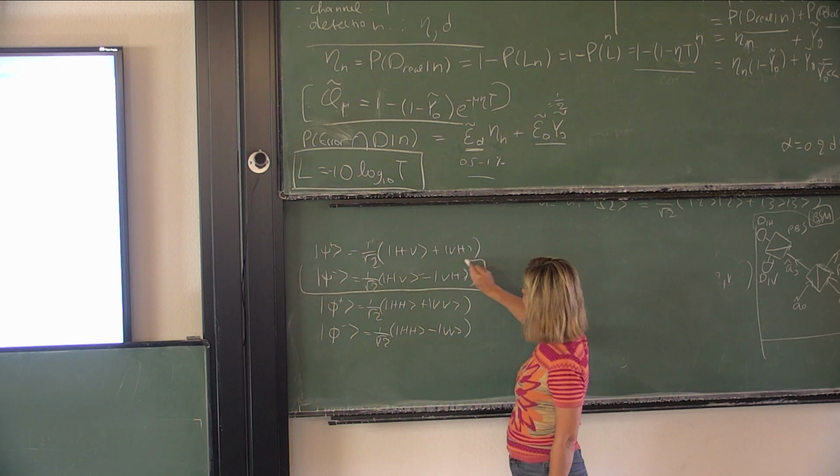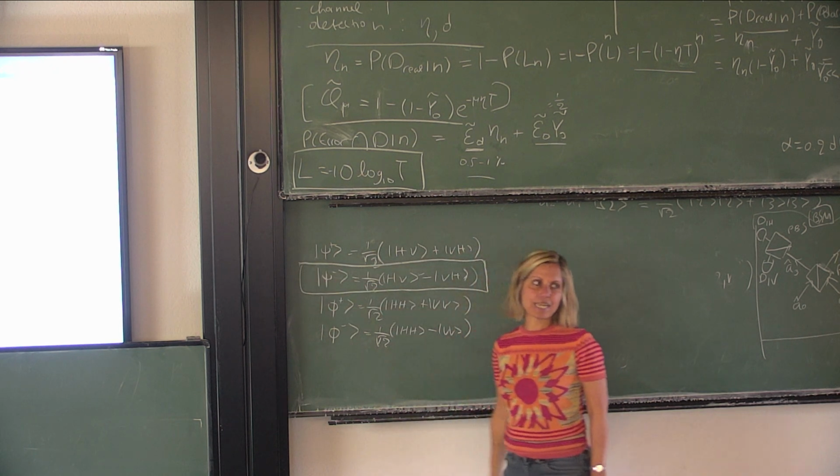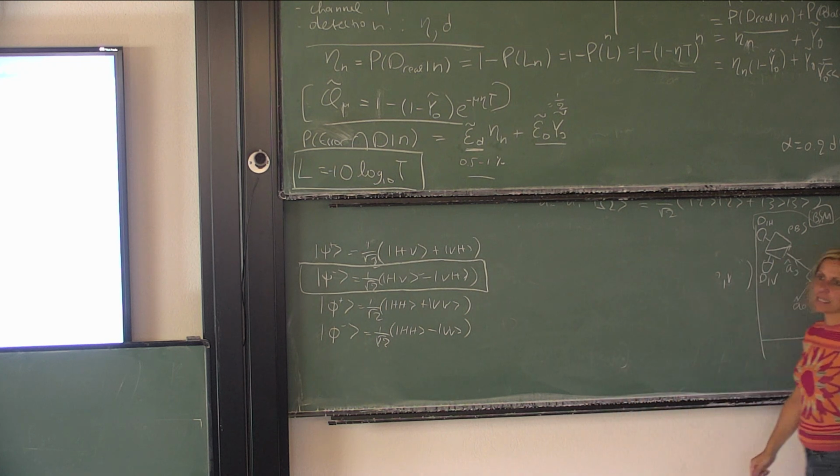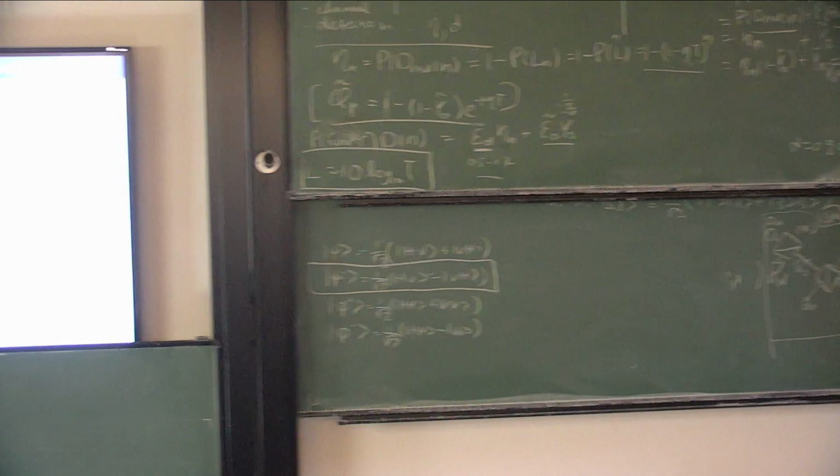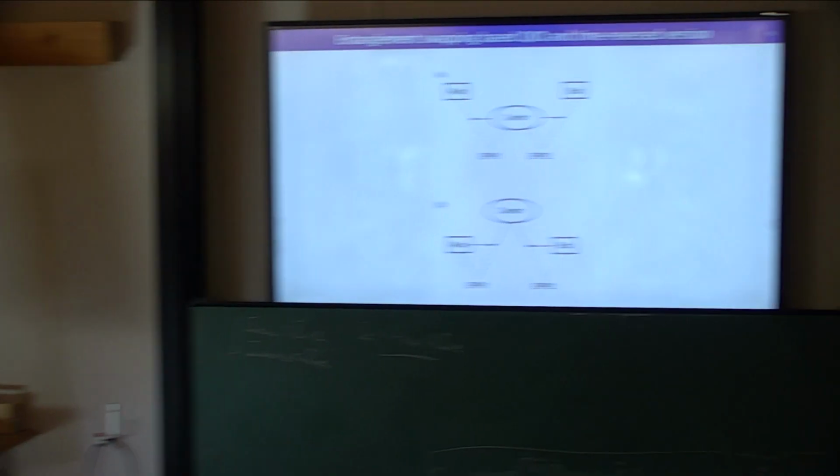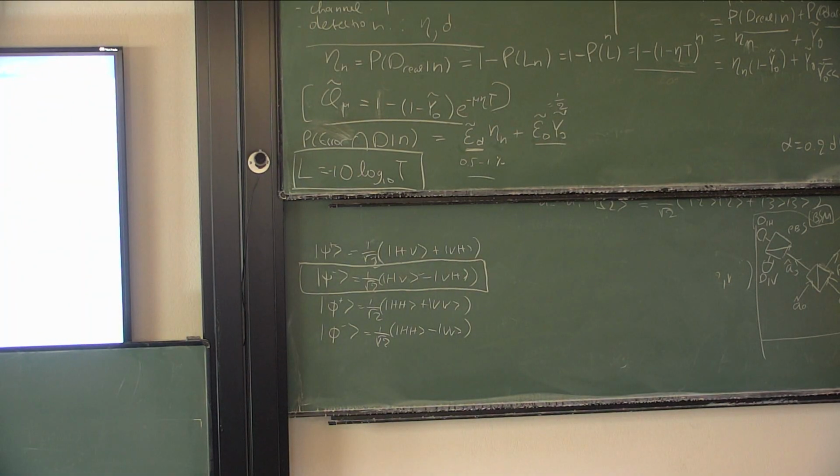And so what is interesting now to see is that if you enter this state here, this is a special state. It's called the singlet state. It's one of the four Bell states that is particularly interesting. It's the singlet state, while all the others are called triplet states. The singlet state is of special importance in quantum information.